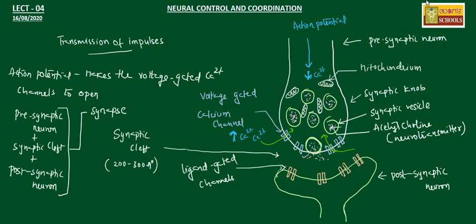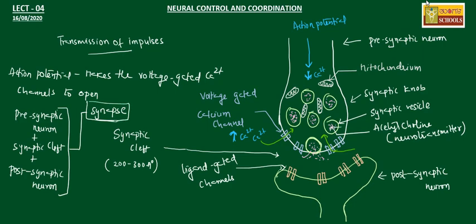All these three together form something called a synapse. So here you can even include the membrane. This is the membrane of the presynaptic neuron, and this is the membrane of the postsynaptic neuron. Along with the synaptic cleft, that is the synapse.